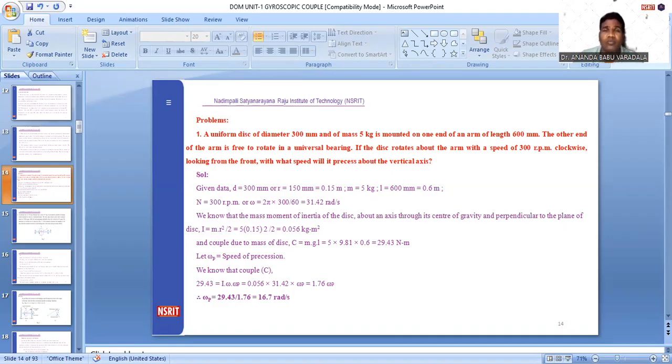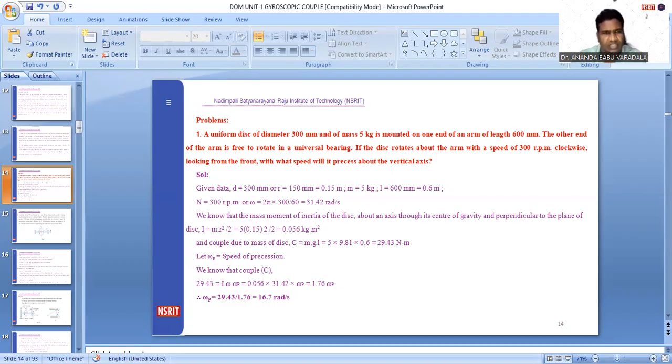The axis of spin OX, as you observed, is rotating in the plane of precession, which is horizontal, about this axis of precession. So OX is rotating in the plane of precession about the axis of precession at some angle delta theta.